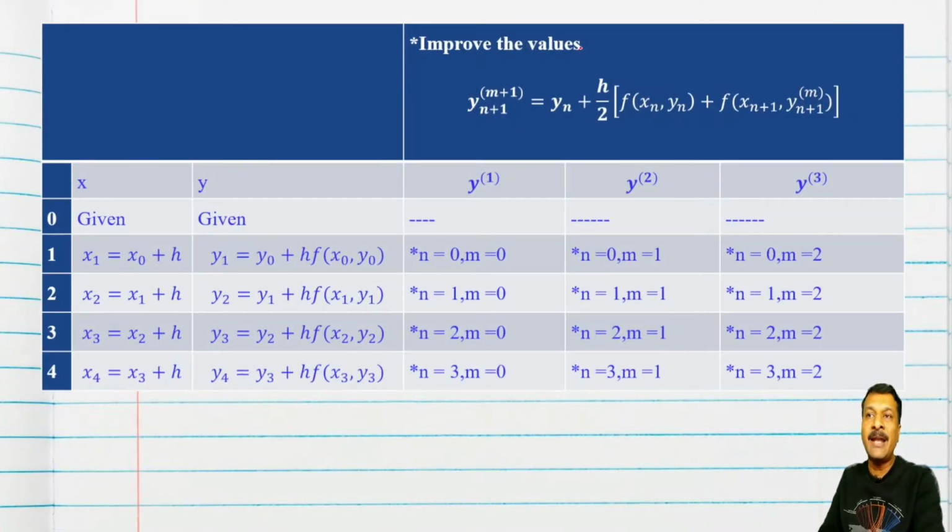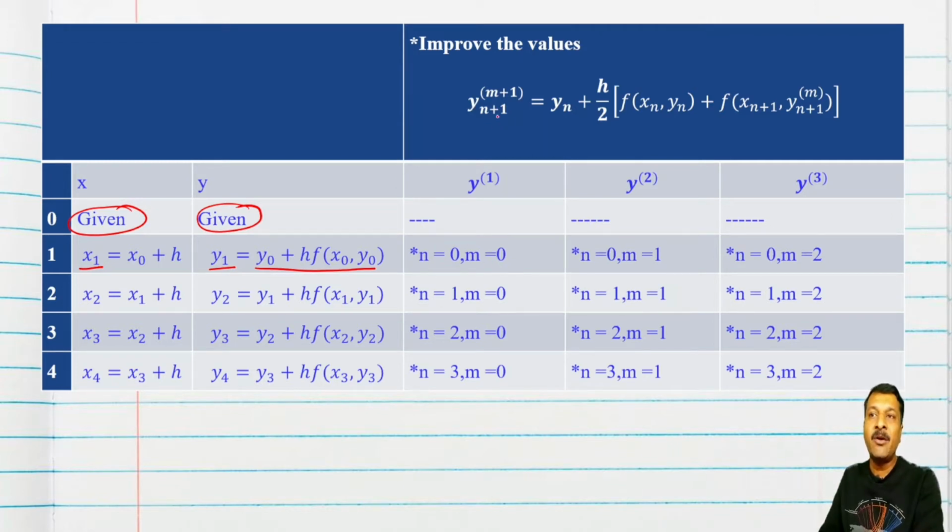So improve the values. What is there? x0, y0 values initially, then you find x1, then y1 by Euler's formula, and after that you improve the values. It means n equal to 0, m equal to 0.